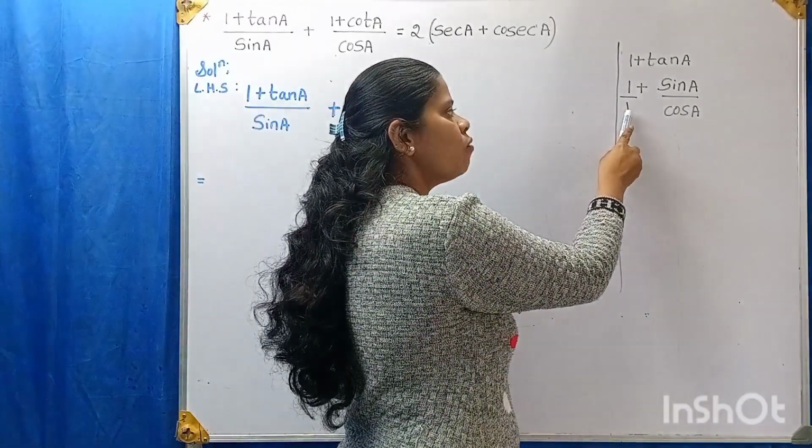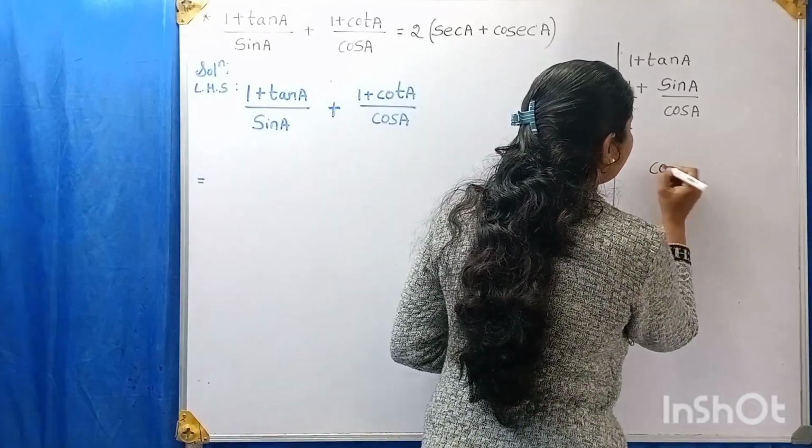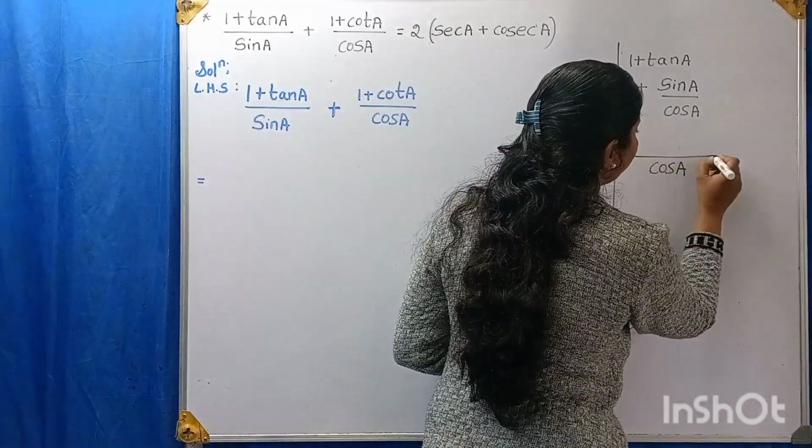Now take the LCM of 1 and cos A. What will it become? Cos A is the LCM.